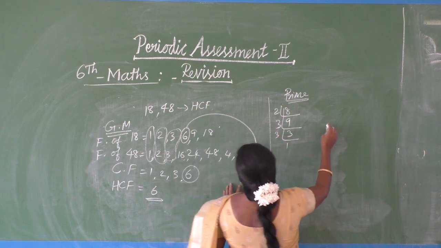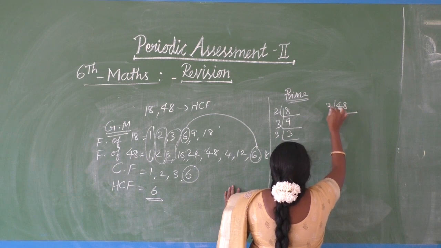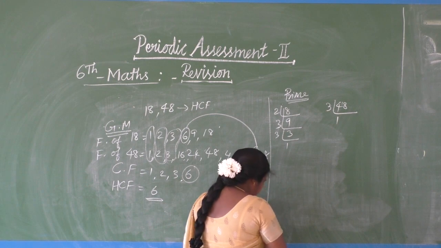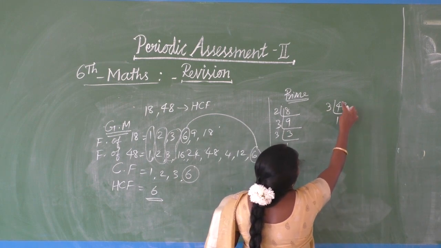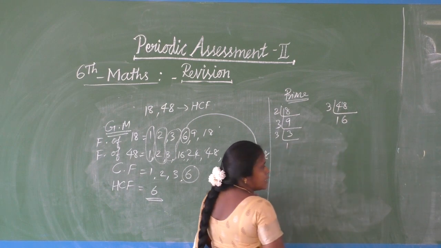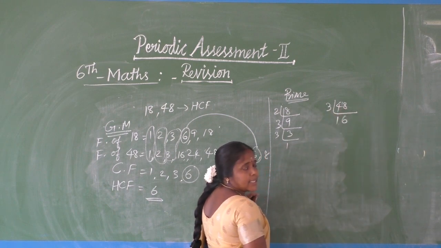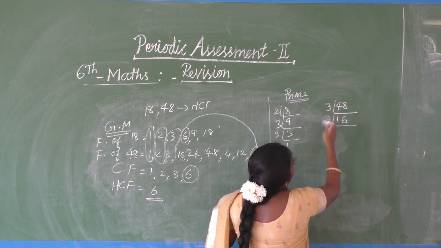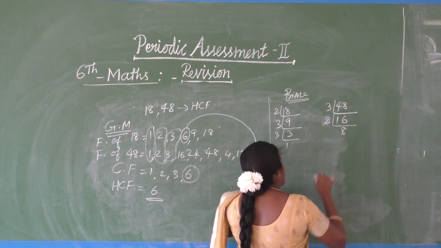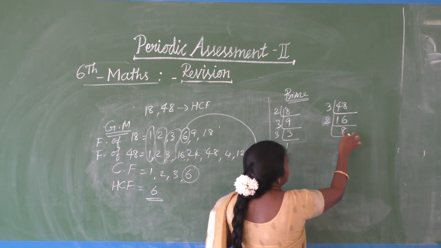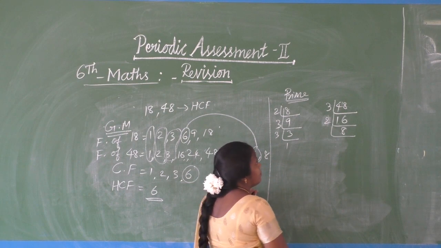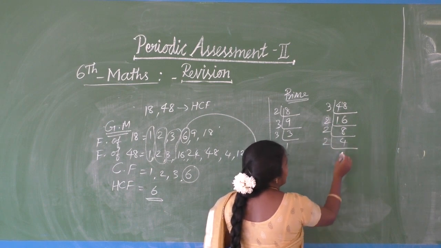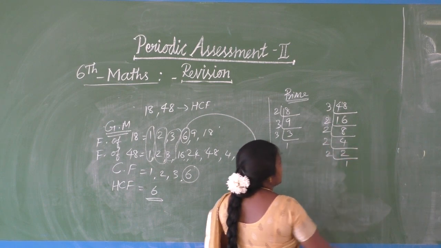Now take 48: 16 3s are 48. 16 is composite, so divide again. 8 2s are 16. 8 is composite, so divide. 4 2s are 8. 4 is also composite, so divide again. 2 2s are 4. 2 is prime, so stop.